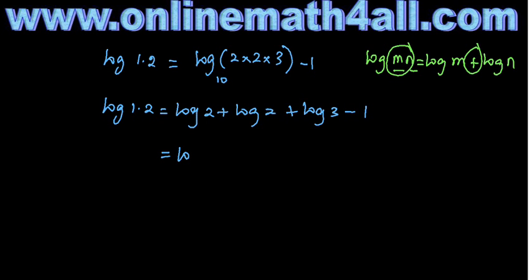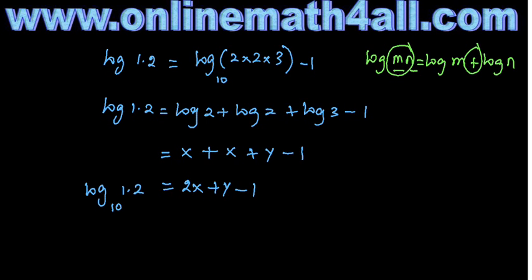For log 2 we just have to write x, plus x, plus y, minus 1. So for this log 2 I have written x, for the second log 2 also x, and for log 3 we have y, minus 1. So x plus x is 2x, plus y, minus 1. So this is the value of log 1.2 to the base 10.